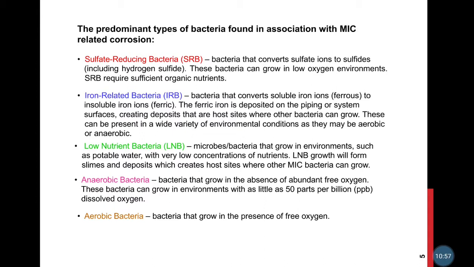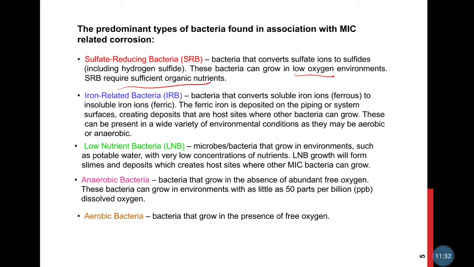So dalam condition, let's say kita punya structure, contoh pipe tu kan, pipe tu berada dalam condition which is low oxygen tapi high organic nutrient, so the probability untuk SRB tu occur sangat tinggi. So microorganism type SRB akan ada dalam condition di mana low oxygen tetapi ada sufficient organic nutrient, dan kemungkinan untuk dia menyebabkan berlakunya MIC itu tinggi.